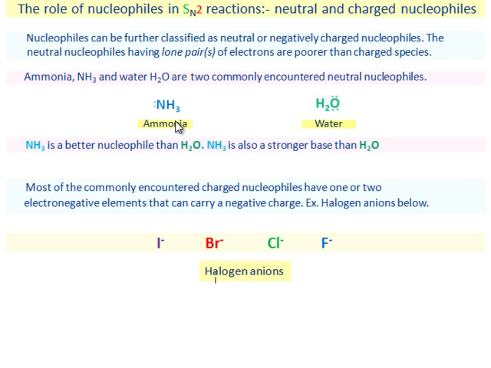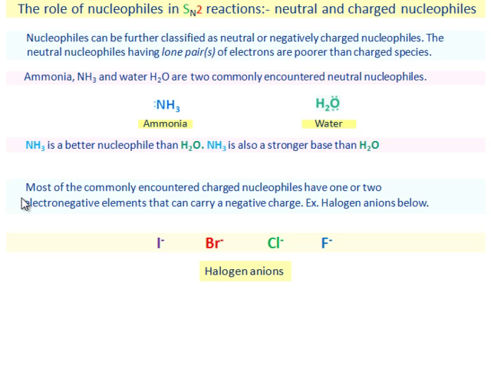Ammonia and water are two commonly encountered neutral nucleophiles. NH3 is a better nucleophile than H2O. NH3 is also a stronger base than H2O.